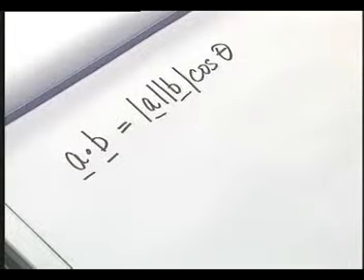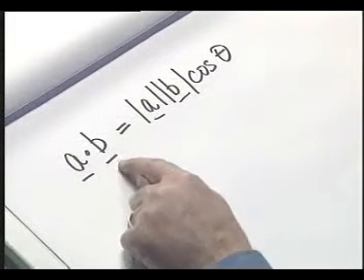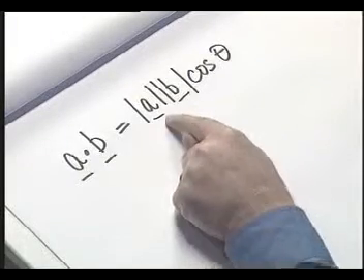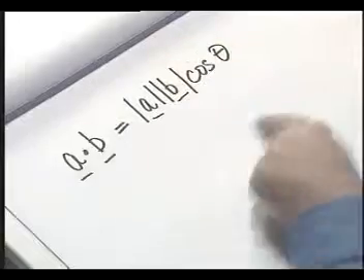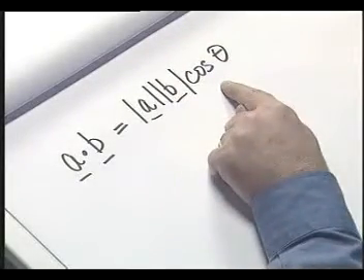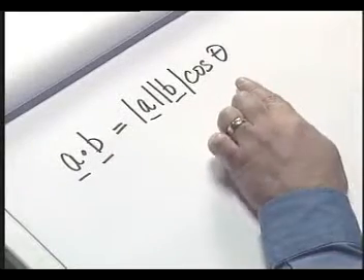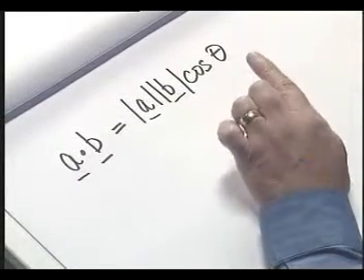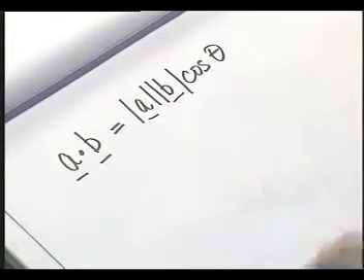So if we get two vectors in Cartesian form, and we calculate their dot product, and if we know how to calculate the modulus of each of those two vectors, then the only thing in this expression that we don't know is cosine theta. So we'll be able to use this definition to calculate cosine theta, the cosine of the angle between the two vectors, from which we can deduce the angle itself.